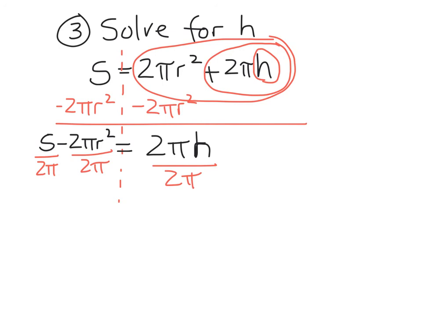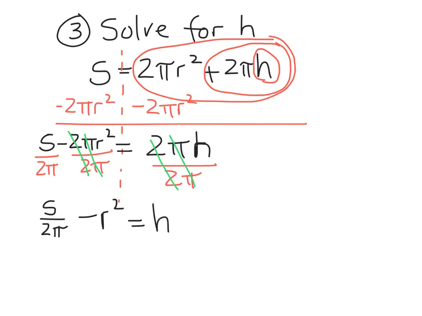So we have the s over 2 pi r minus, now here the 2's will cancel and the h's will cancel. Let's do that with green. The 2's will cancel and the r's will cancel. So you just have r squared over r, and then on the other side, 2's cancel, pi's cancel, r's cancel, and you'll have h.